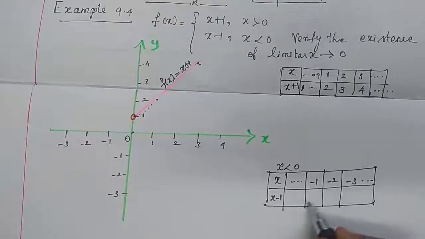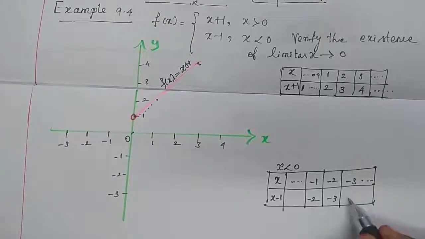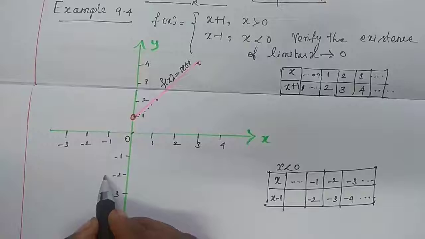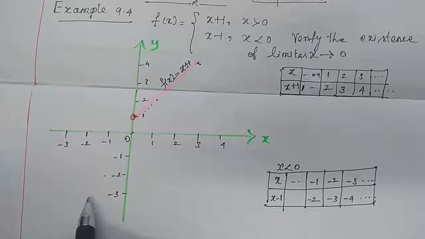Substituting, we get minus 2, minus 3, minus 4 and so on. Plot these points on the graph. So minus 1 takes minus 2, minus 2 takes minus 3, and minus 3 takes minus 4.